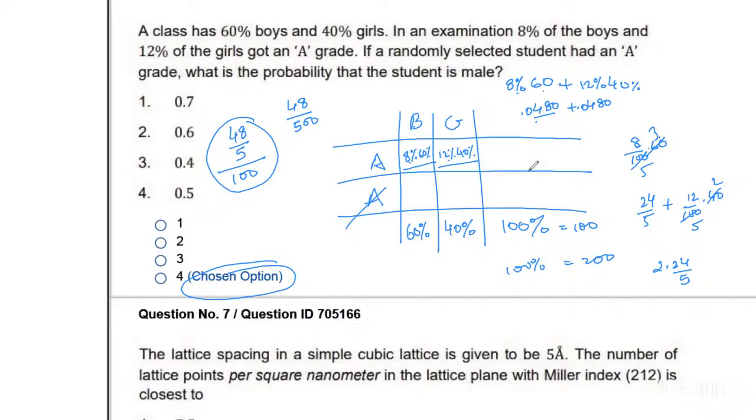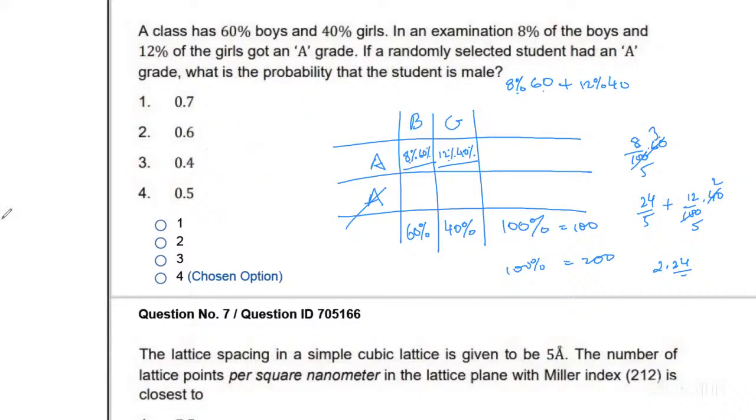If a randomly selected student had an A grade, what is the probability that the student is male? My bad, I'll just go back. They're asking not how many students had an A grade, they're asking how many students who had an A grade were male. So what is the probability that those were male? So I'll go with the idea that 100% is 100.